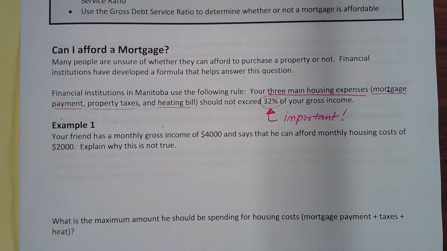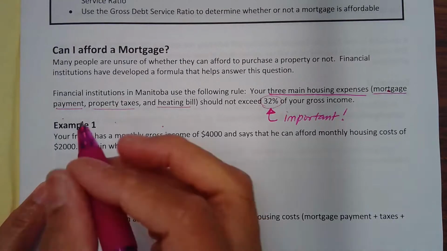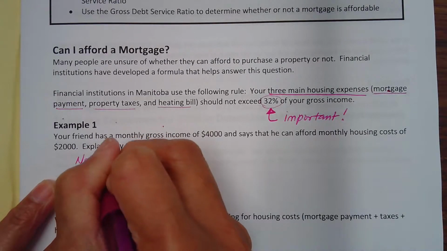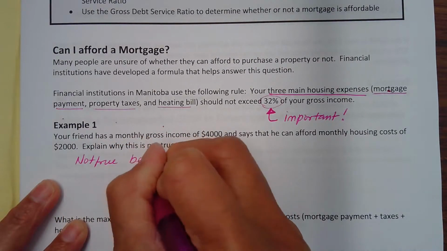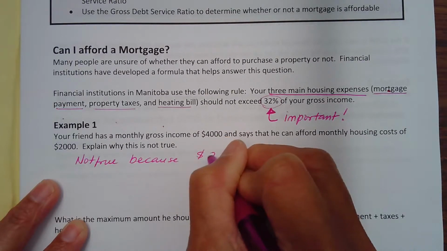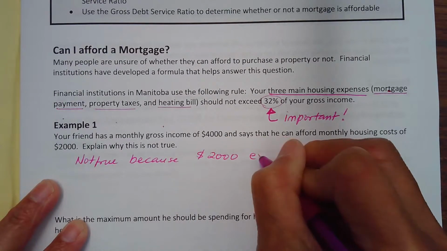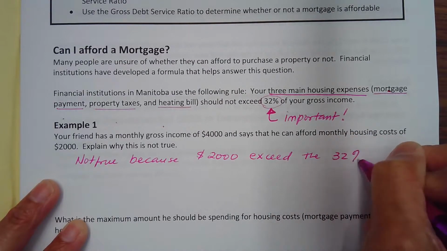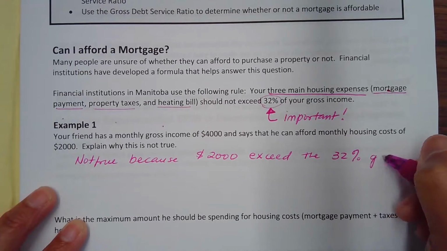Explain why this is not true. It would exceed 32%. Yeah, exceed. So this is not true because $2,000 exceeds the 32% GDSR.